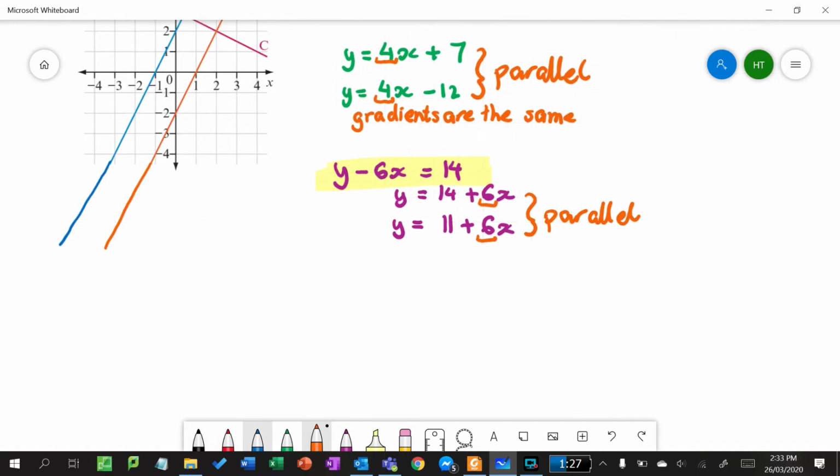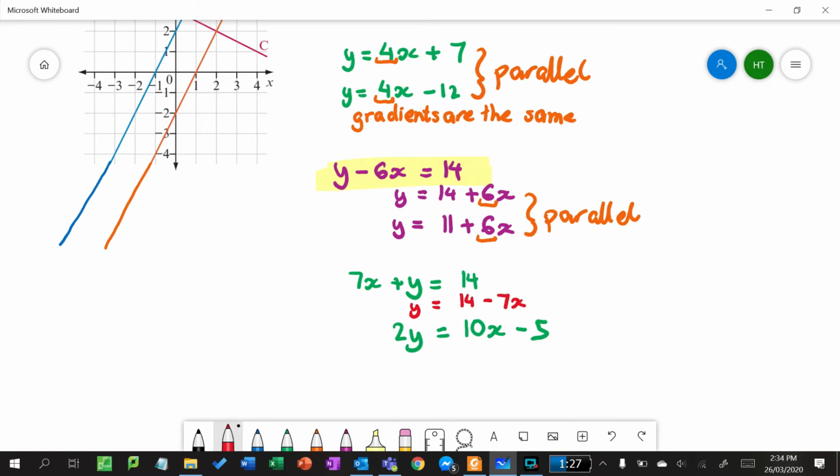Alright, let's take a look at a few more examples. What if I have 7x plus y equals 14, and I have 2y equals 10x take away 5. Let's rearrange the top one to make y the subject: y equals 14 take away 7x.